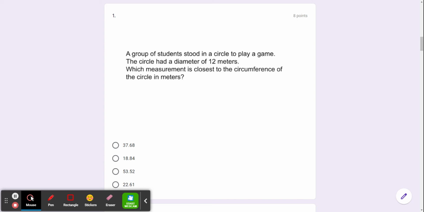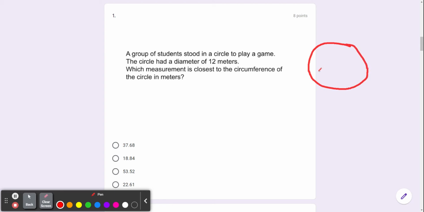All right, so this one says a group of students stood in a circle to play a game. The circle had a diameter of 12 meters. So what I'm going to do right away is draw my circle. It says that it has a diameter of 12 meters. So make sure you draw your circle, give it the diameter of 12, and it wants to know what is the closest to the circumference of the circle in meters.